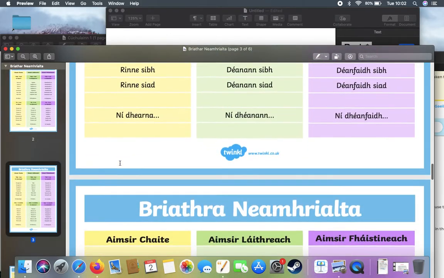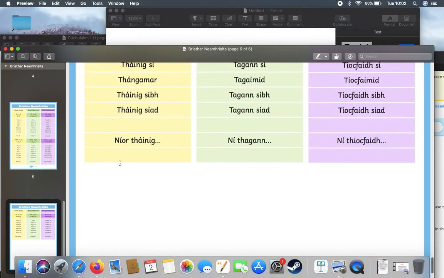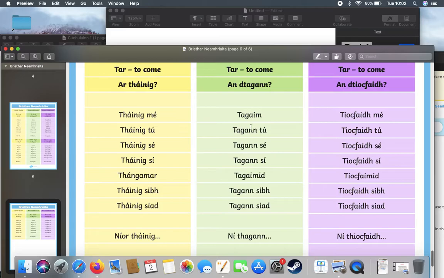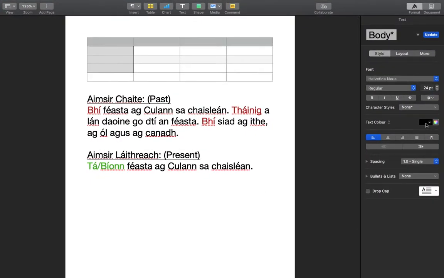Hánig, where is it? I thought it was, there we go. Hánig changes to Togan. So I changed that to Togan in my shlucht. Togan lán daoine. The rest of the sentence stays the same.